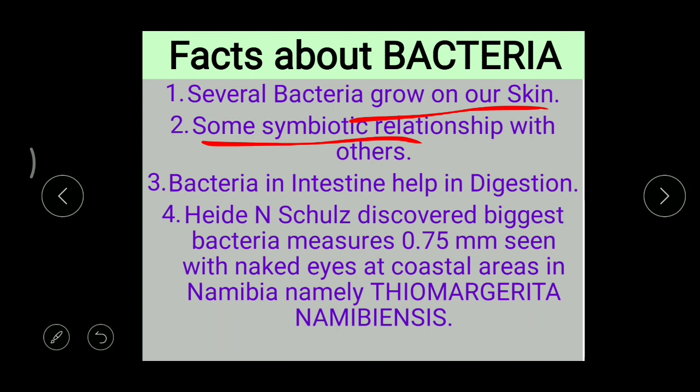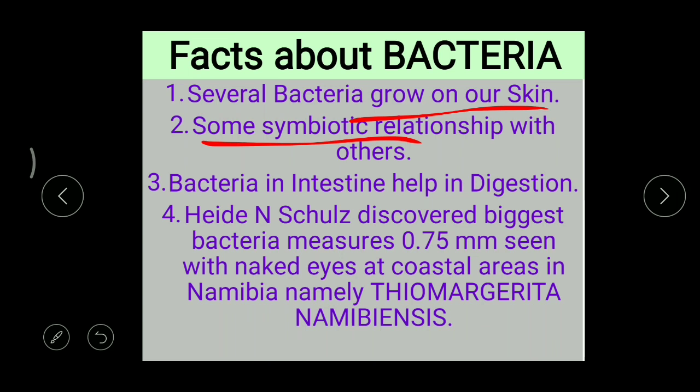Symbiotic relationship means they depend on others but won't cause any harm to the others. For example, some bacteria live in our intestine, getting shelter from our body, and in turn provide vitamins to our body. So here there is no harm between our body and the bacteria.